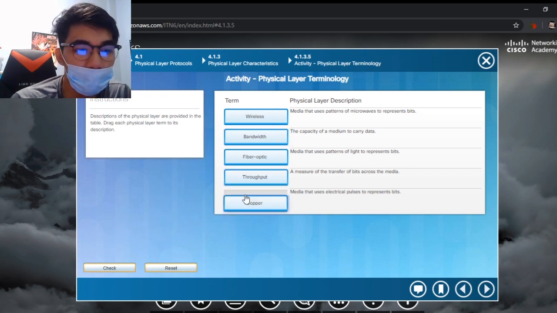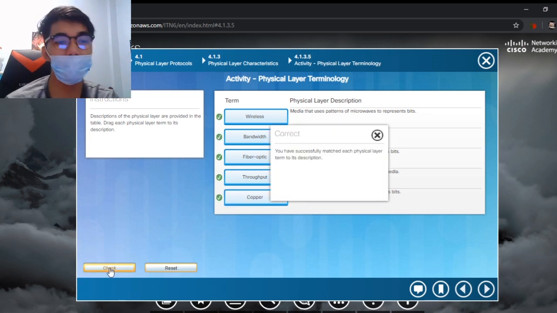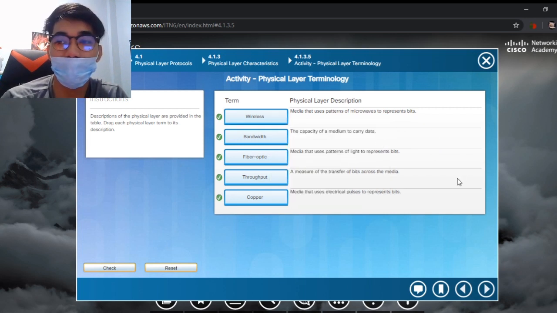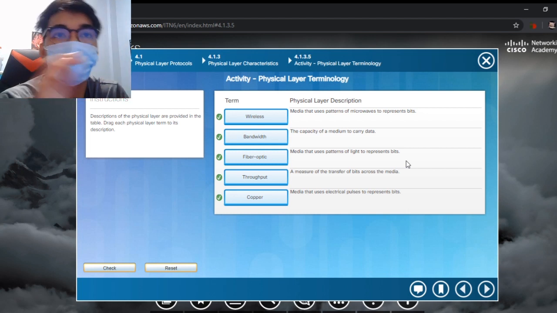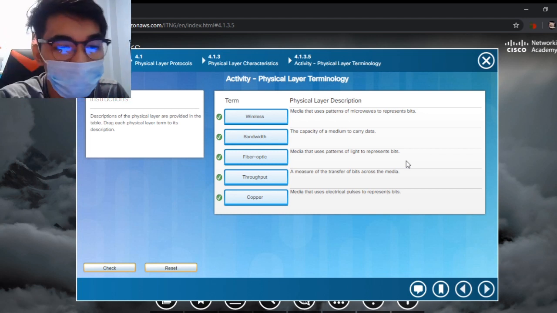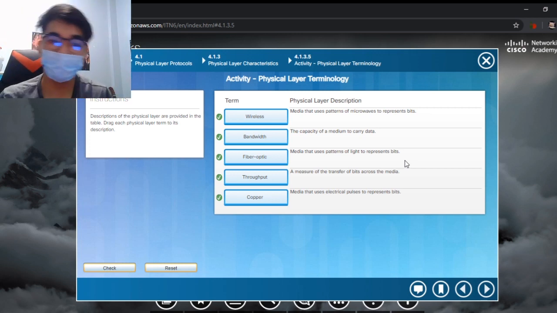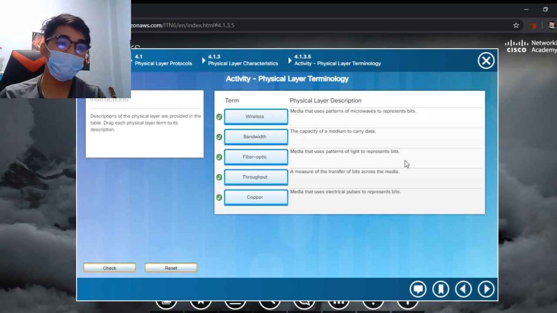Then copper for the electrical pulses. Then let's check, and as you can see, I'm correct with that bandwidth and throughput confusion, because please always try to remember that bandwidth is for data and throughput is for bits. Then that's all. Let's continue to another video or another activity.